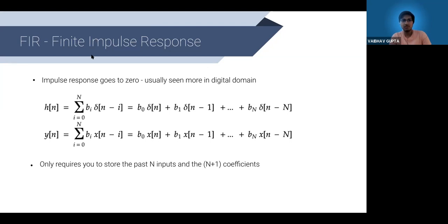FIR filters also have some other interesting properties that are useful for communication. If you actually plot out an FIR filter, they have a linear phase profile with frequency, and what that means is that the group delay in a communication system is more predictable. Basically, the phase of each frequency is impacted in the same way, whereas an analog filter will have non-linear phases.